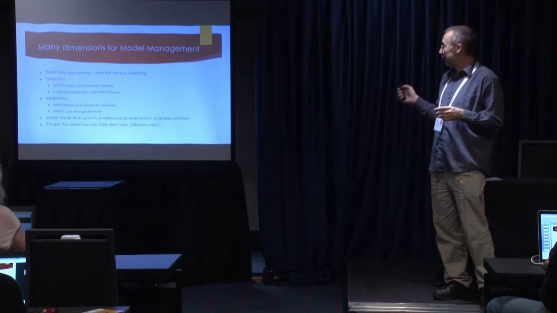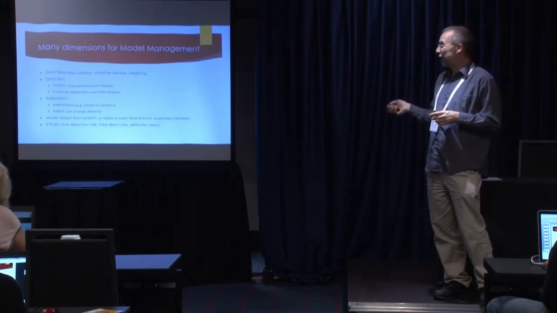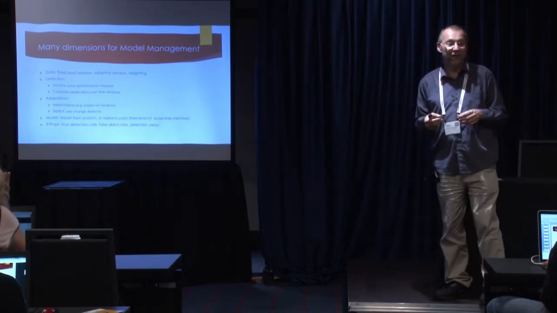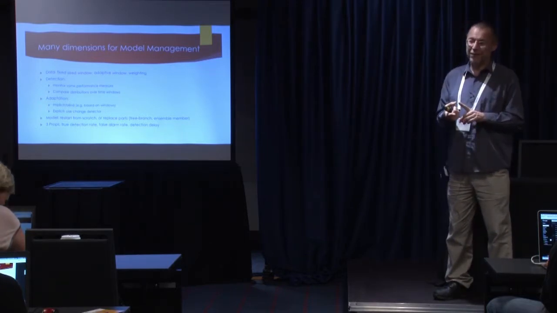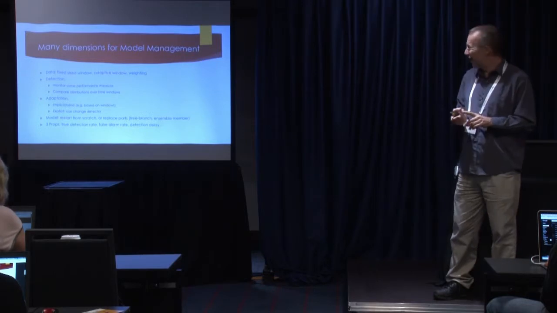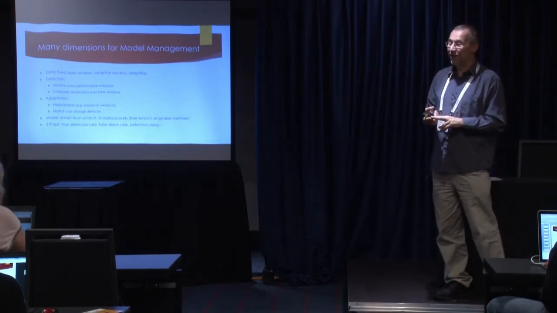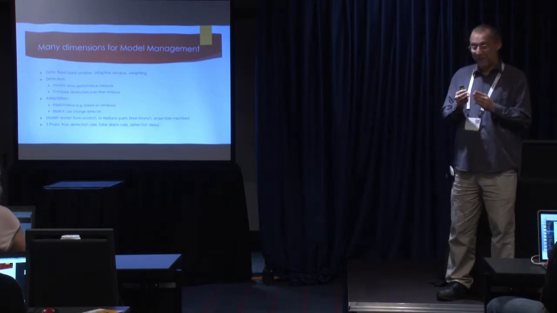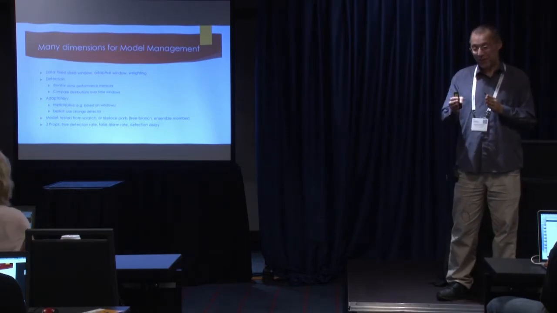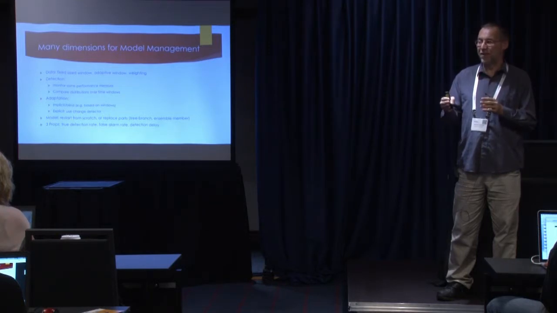Now, when you actually do research around change detection, there's usually three different quantities that are of interest. You want to have the true detection rate, that you actually notice change. The false alarm rate: how often do you predict the change when it hasn't happened? And also, usually, even if you predict the change well, you probably have a little bit of a delay or latency to actually notice the change.